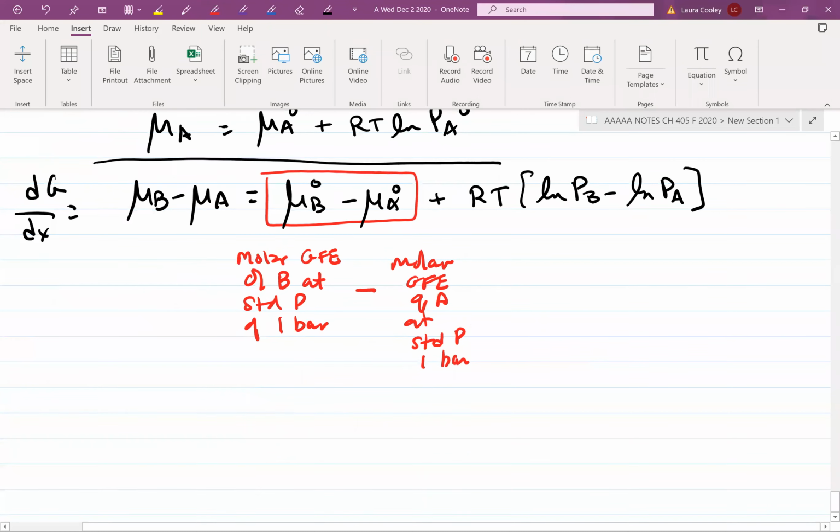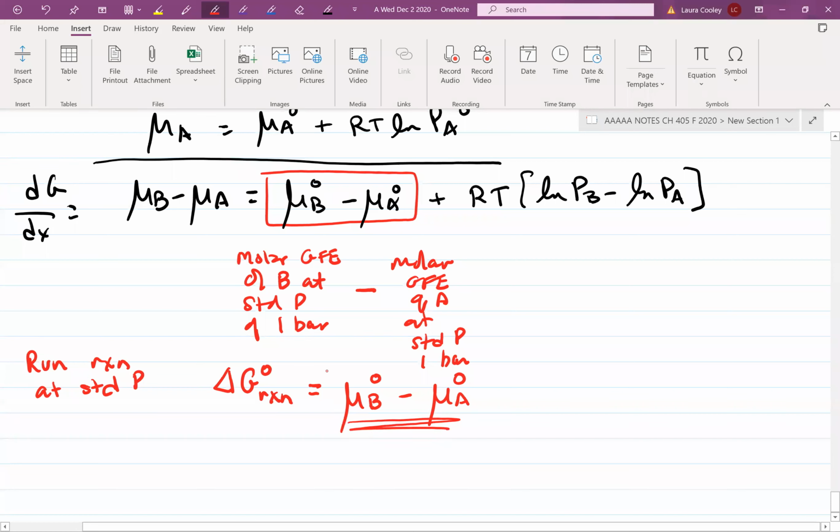Well, if I run the reaction A goes to B at 1 bar, then delta G0 for that reaction is simply mu B0 minus mu A0.